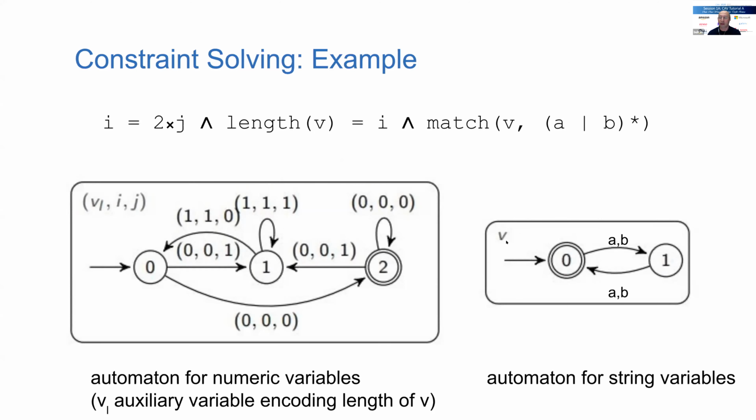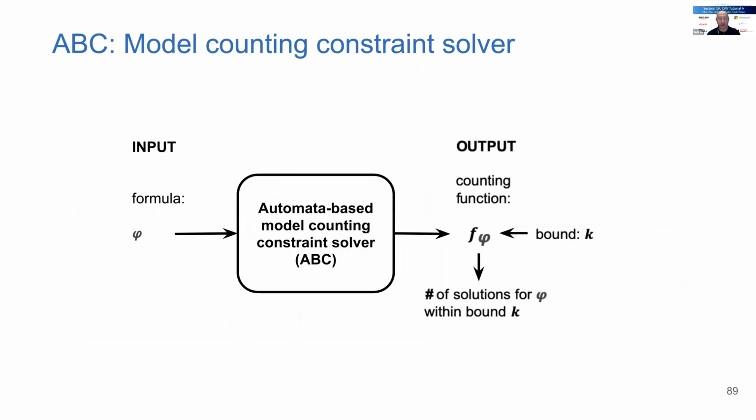The solutions to v are accepted here. Solutions for i and j and the length of v are accepted here. And there is a whole body of papers on how we synchronize these automata, but there is an implementation of this. Now, the next part is how to do model counting after you do that.